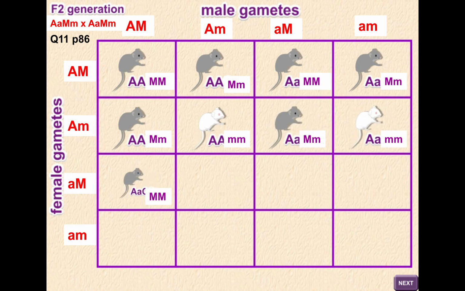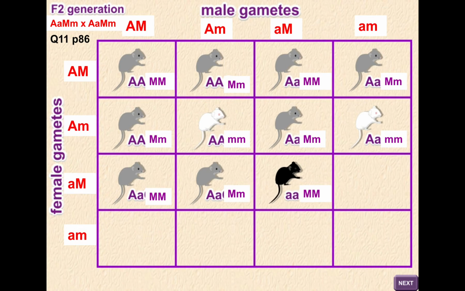Can we get another one of each? And at this stage we see our first black mouse. Now, for us to have a black mouse, we need to have the recessive condition in the A gene. So far, we have not seen that. It will happen again.